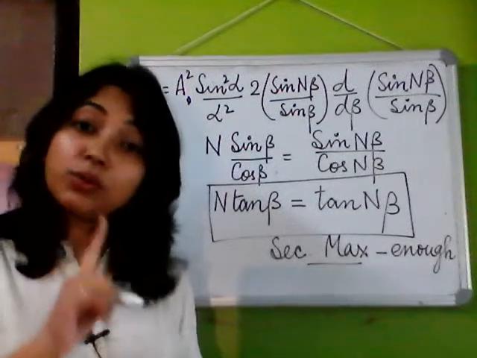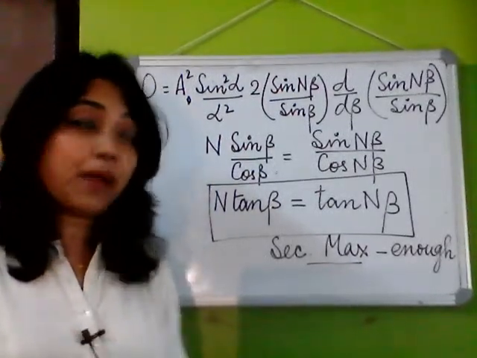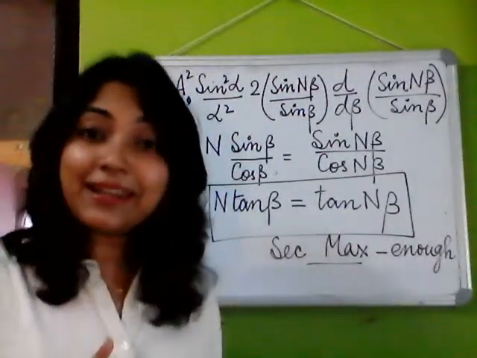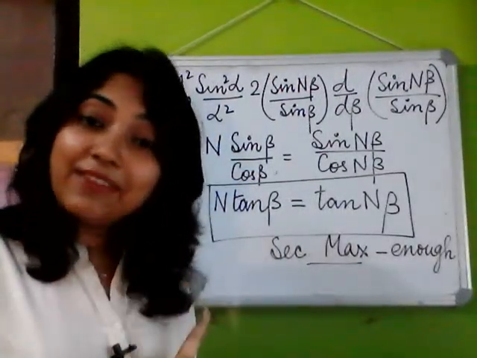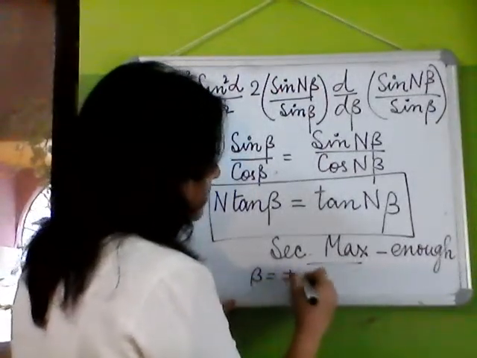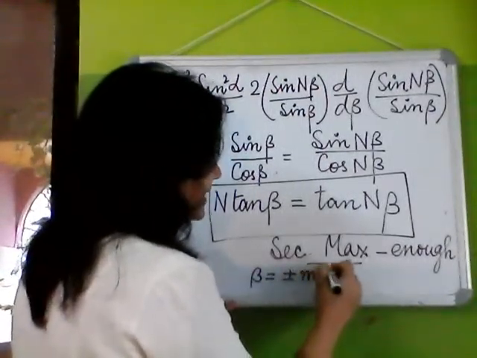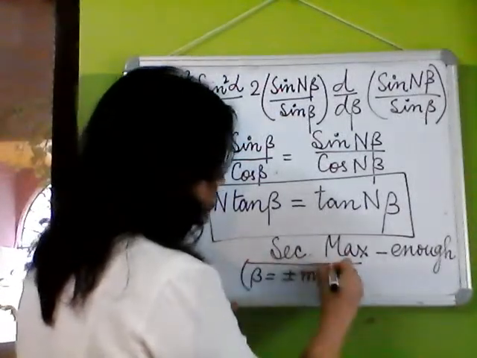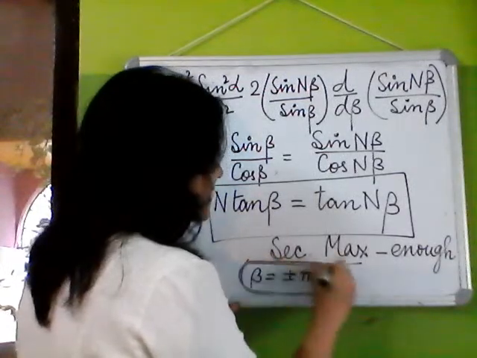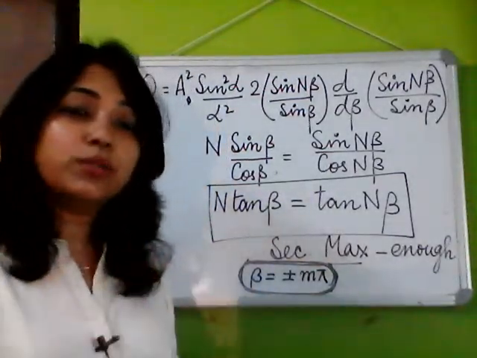However, what should be kept in mind? It should be kept in mind that when I am finding out the conditions for secondary maximas, even in this scenario, remember beta is equal to plus minus m pi. These were the conditions for getting our principal maximas. So these values are excluded.